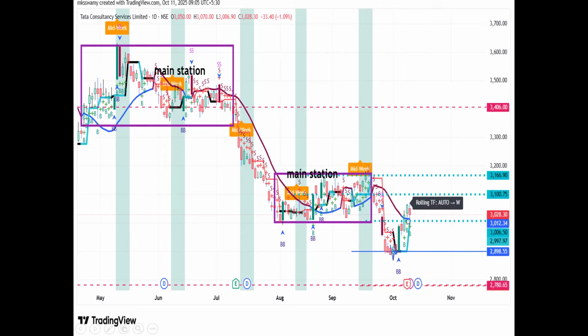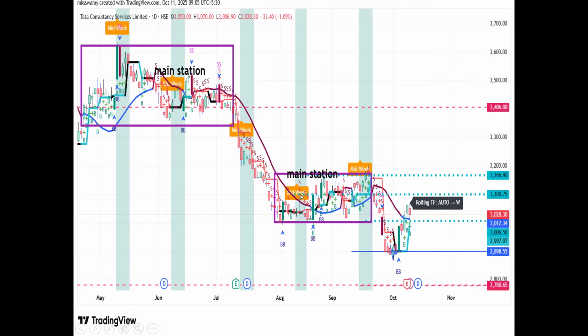And you can see Gan Hilo has become blue and the pivot has turned blue because it is trying to move inside, and it is the junction resistance level 3,100. This is the midweek of the indicator, which tells me the monthly balance points.